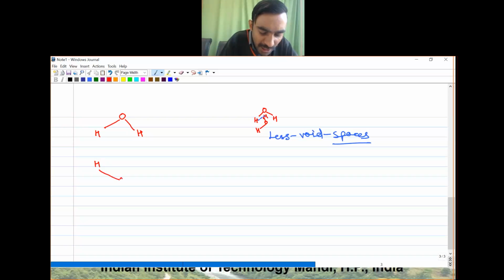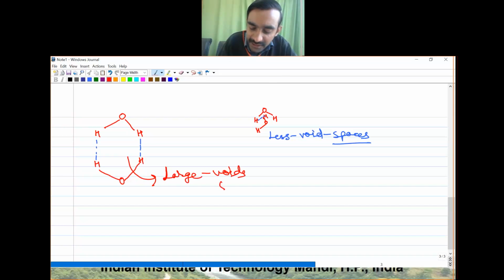Because of that proper crystal arrangement and the formation of hydrogen bonds between the molecules, the molecules will be arranged in such a fashion that we have large void spaces in between the molecules. So we will have large voids in the case of solids.